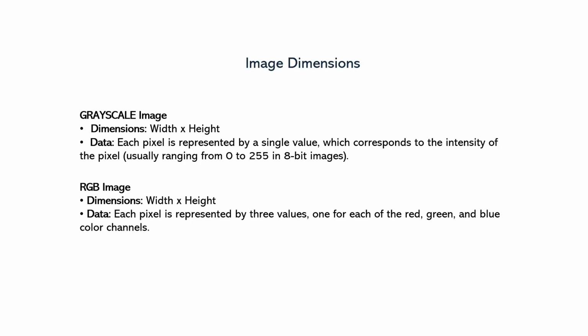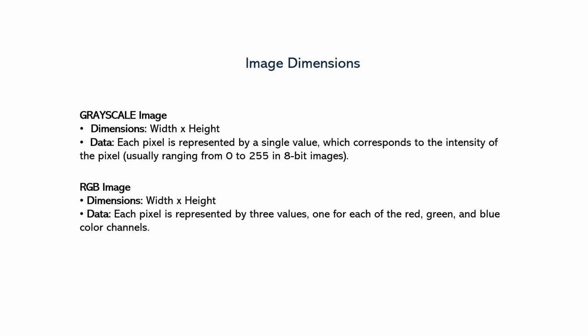RGB stands for red, green and blue. These values range from 0 to 255, and by mixing these three colors in different proportions, we can create millions of different colors. Just like grayscale images, RGB images have height and width dimensions, but each pixel has three color values.